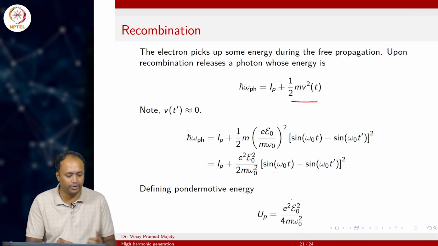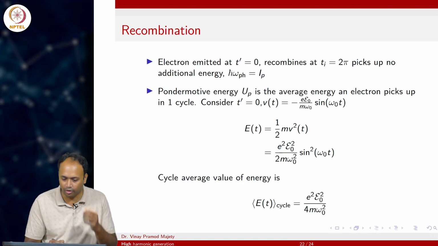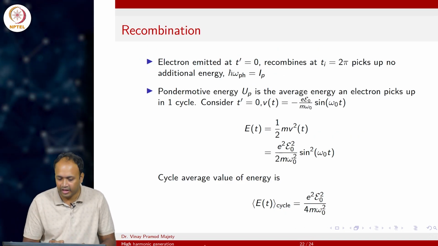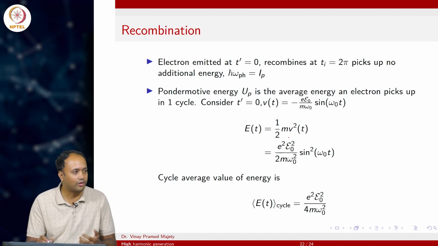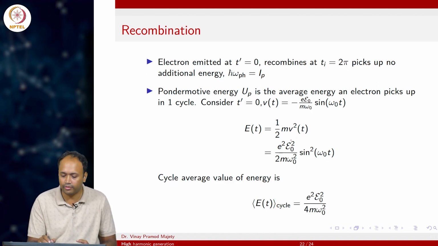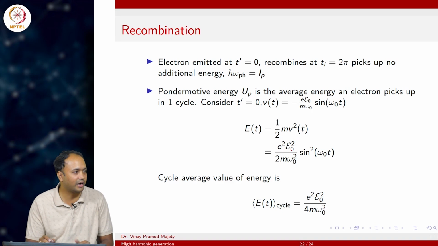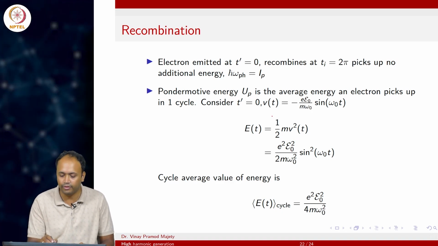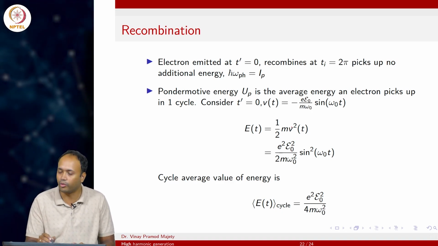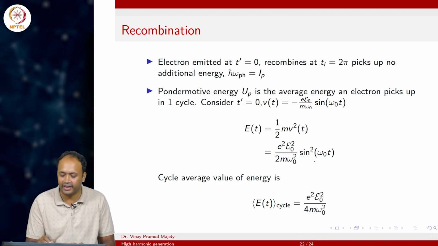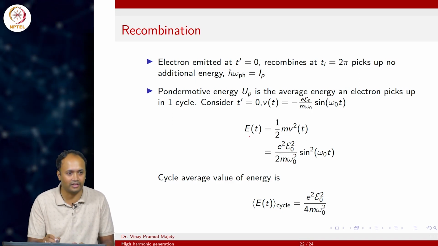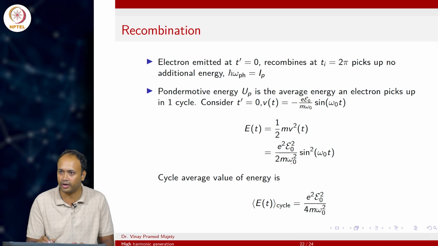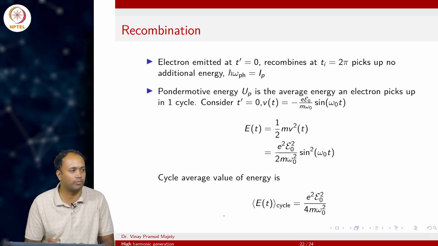Okay. To give you a little bit more physical insight into what ponderomotive energy is, if I take a free electron and look at its kinetic energy, with the same kind of classical analysis, I find what is V and then find what is its kinetic energy. I find a certain value for this energy, which is E square by 2 m omega naught square sine square omega naught t.